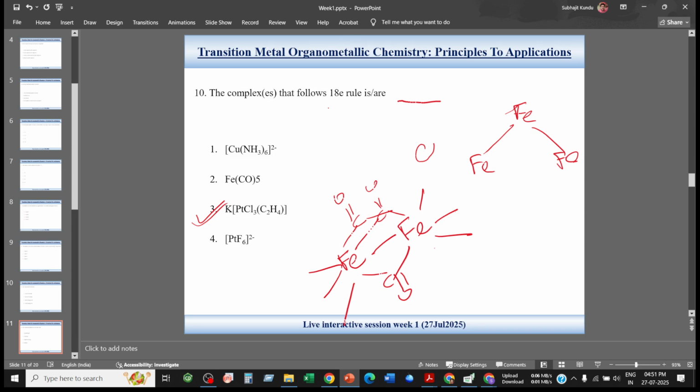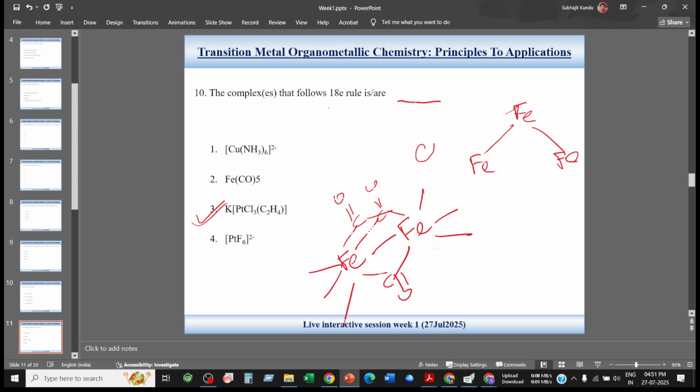So when you answer, please be very careful whether the question is MSQ or MCQ.